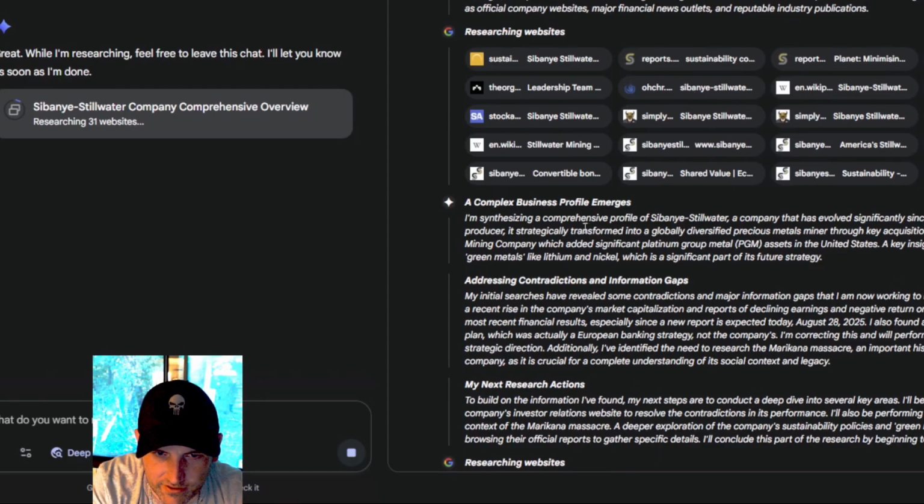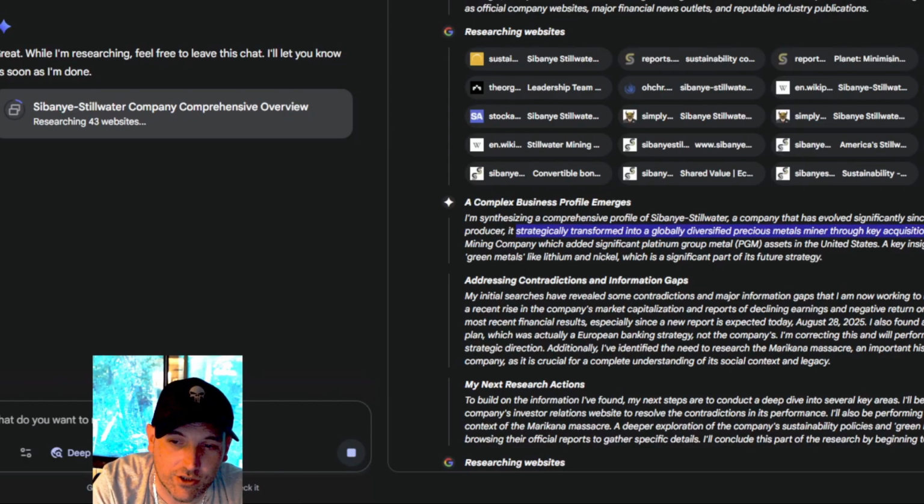It's synthesizing a comprehensive profile of Sibanye-Stillwater, a company that has evolved significantly since its founding in 2012. Originally a gold producer, it strategically transformed into a globally diversified precious metals miner through key acquisitions. Most notably in 2017, purchase of Stillwater Mining Company, which added significant platinum group metal assets in the United States.